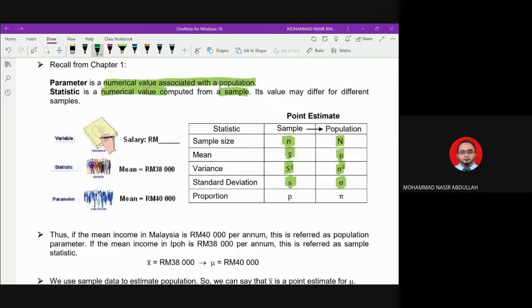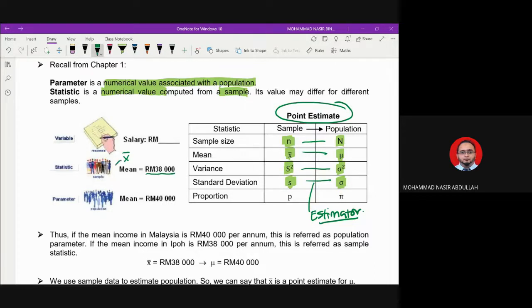All the symbols here, x bar, mu, s, and sigma, we call estimators. The value corresponding to that estimator we call a point estimate, right? If you look at the left hand side, let's say x bar equals 30,000 ringgit.